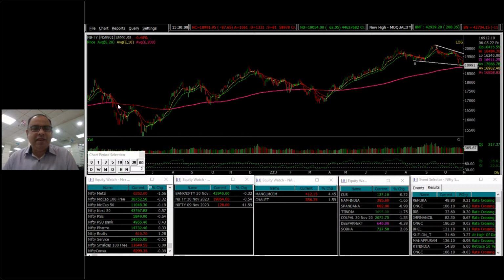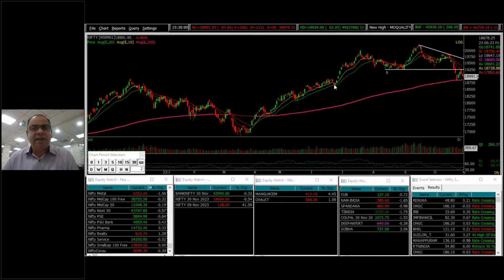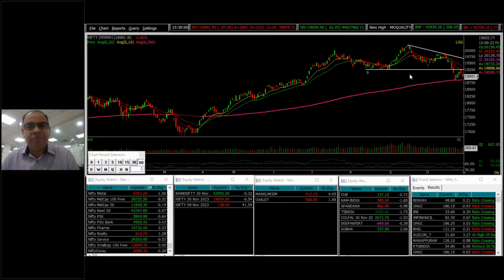Here the market has taken resistance and declined, here it broke above the resistance and moved up, and in a couple of instances it has taken support of this 200-day EMA and moved up significantly. I think this 200-day EMA is likely to act as a crucial role reversal area in the coming sessions.